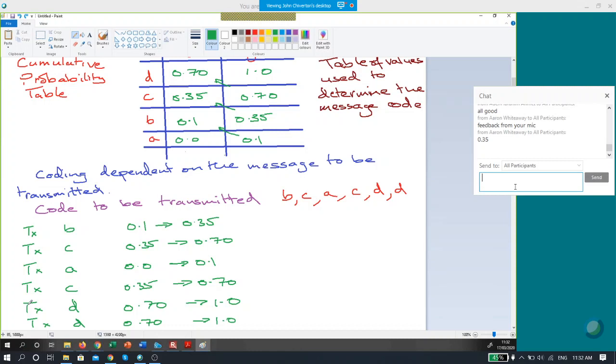It gets combined with what went before. So we start off with the range from before, and we work out a sub-range from that range. So from letter B to C, we start with this range, and then we would need to use this one as a sub-range of the previous.